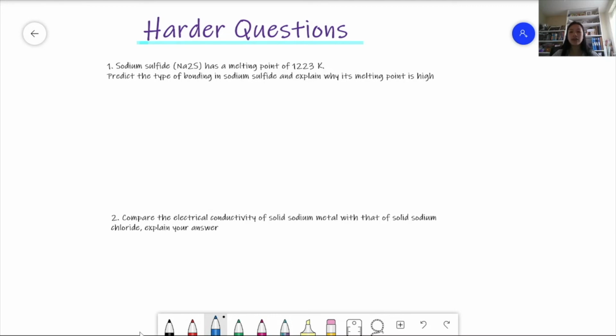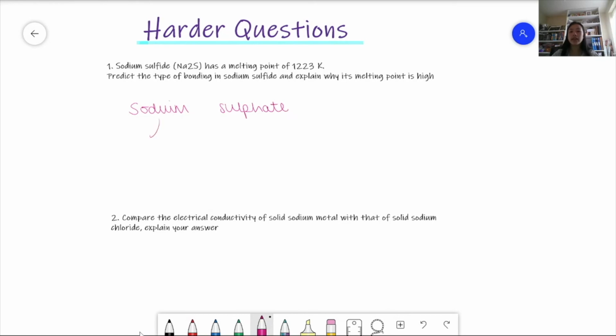So firstly, we look at sodium sulfide. So sodium sulfide is made up of sodium and also sulfate. These are the original atoms.